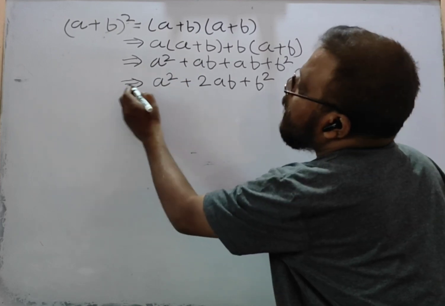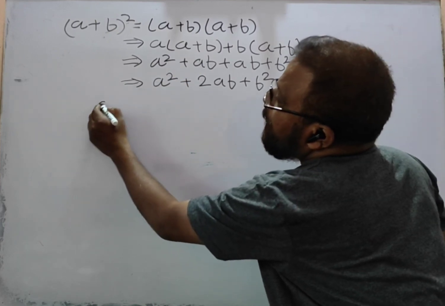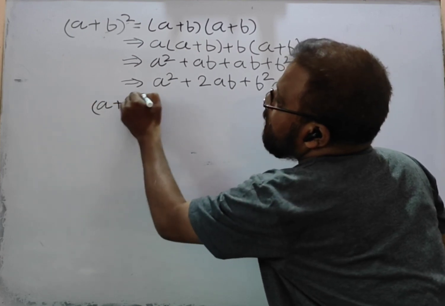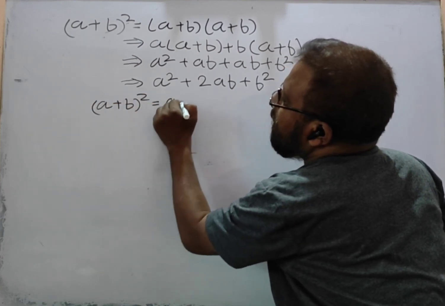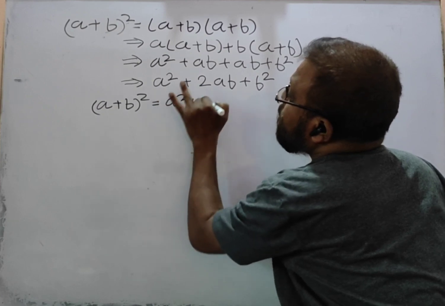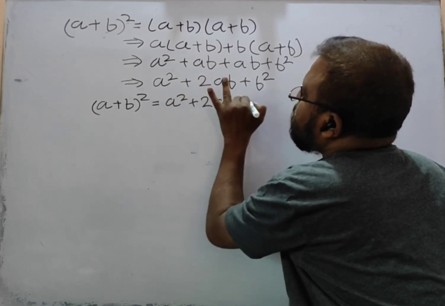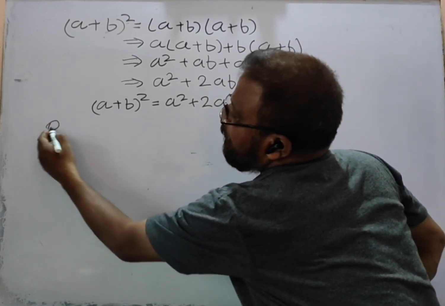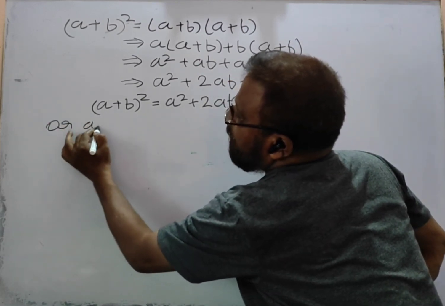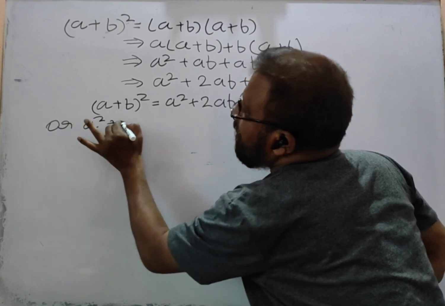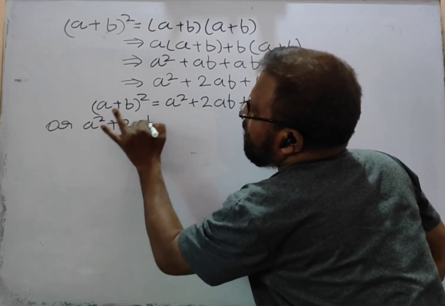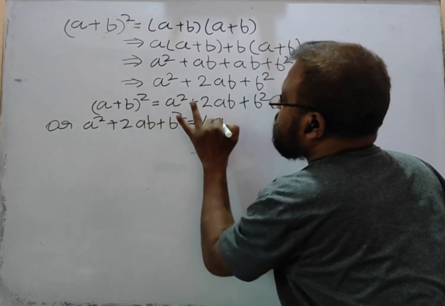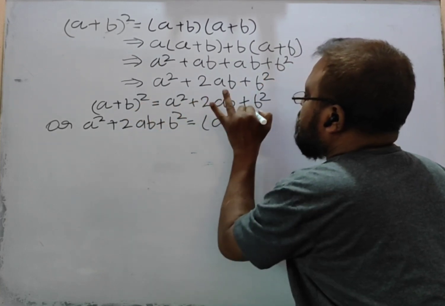So our identity is a plus b whole square is equal to a square plus 2ab plus b square, or we can write it a square plus 2ab plus b square is equal to a plus b whole square, right?